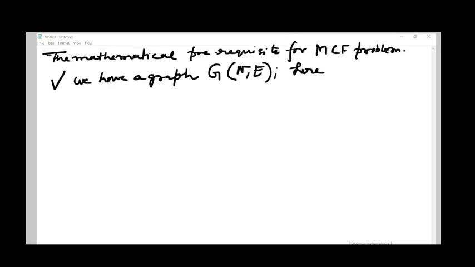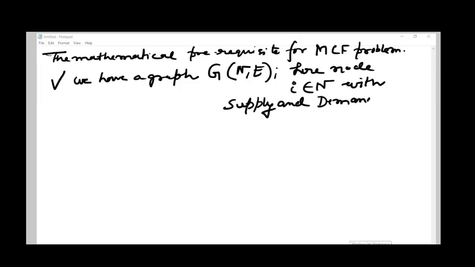Here node i belongs to N, very importantly with supply and demand, which will be referred to as s_i.